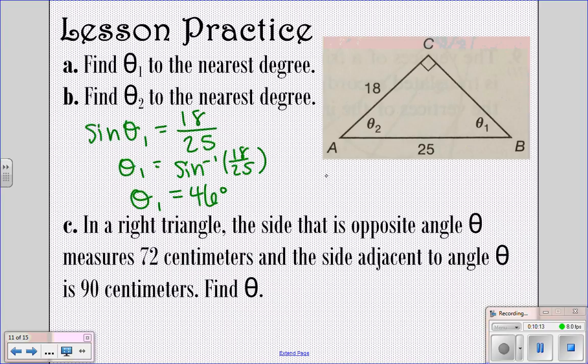Okay? For theta 2, we have adjacent over hypotenuse. We're still using 18 and 25, but instead of doing sine, we're going to have to do cosine. So we're going to do cosine inverse of 18 over 25 for theta 2. And so if you plug that in, you're going to get 44 degrees. And so that's how you would do those two.